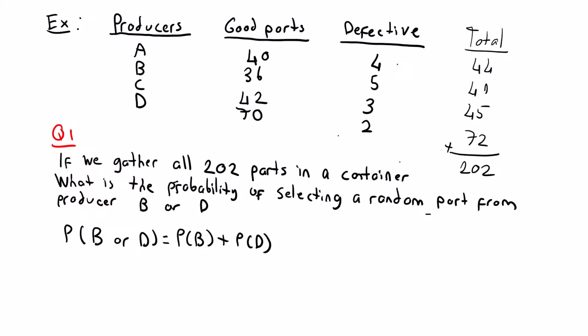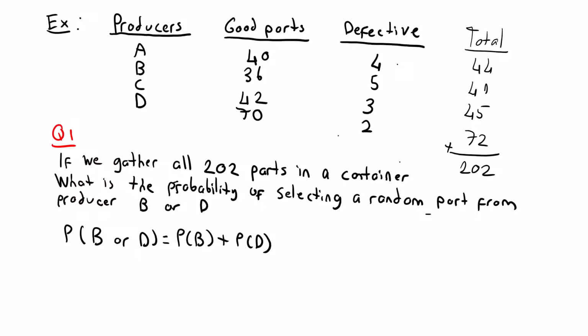So let's go back to the question and let's just reread it. It says if we gather all 202 parts in a container, so that means they're all in the same container, they're all in the same box, regardless of the condition of the item.